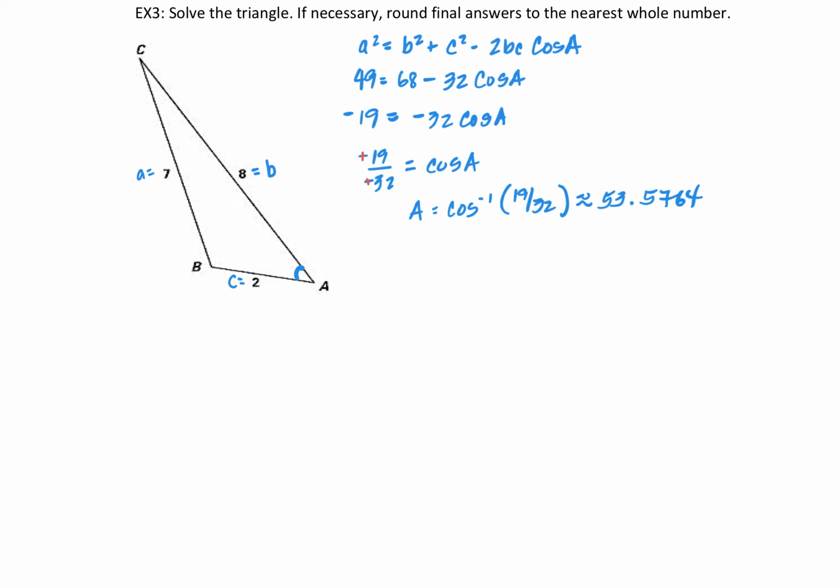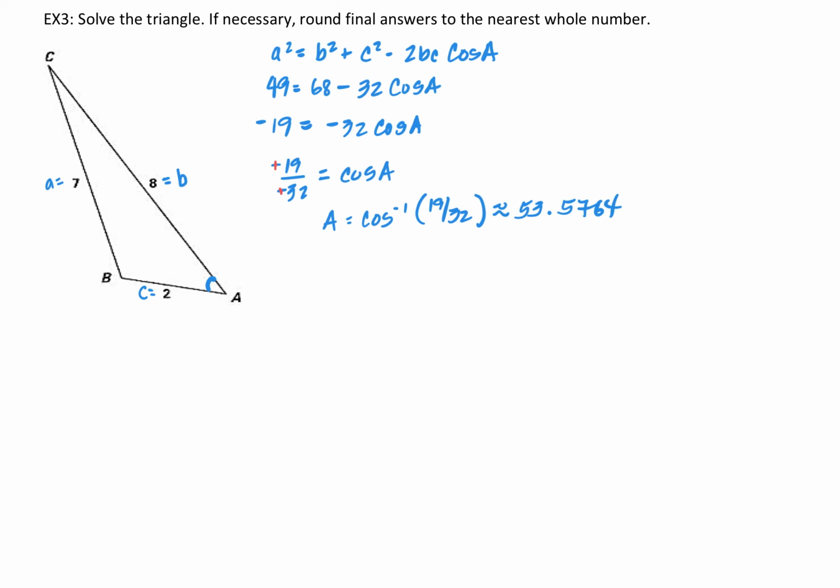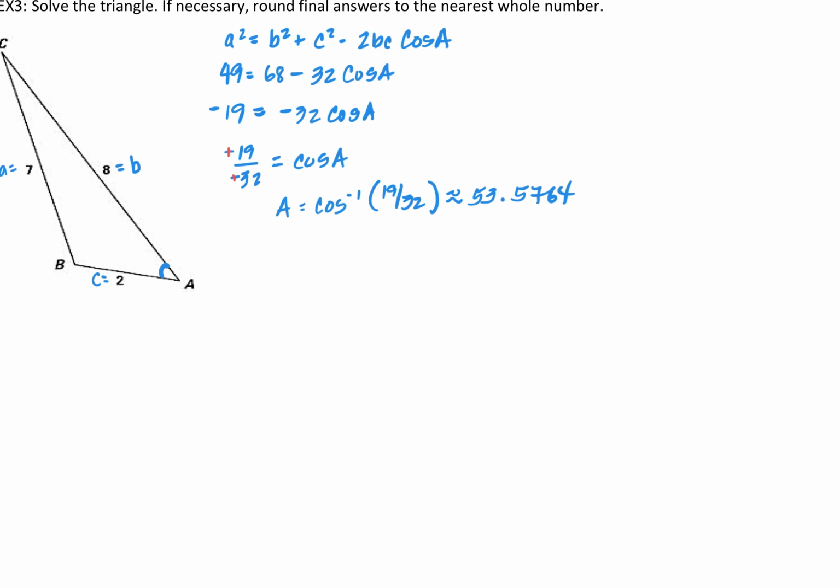53.5764, and knowing me, I always have to write the whole thing out. 2636. I was going to stop but changed my mind. We're supposed to be rounding to the nearest whole number, so I will round angle A to about 54 degrees.